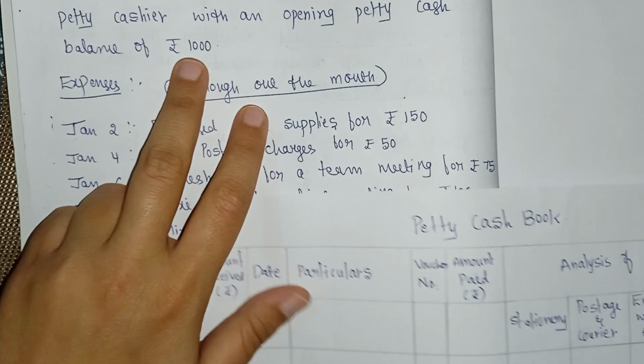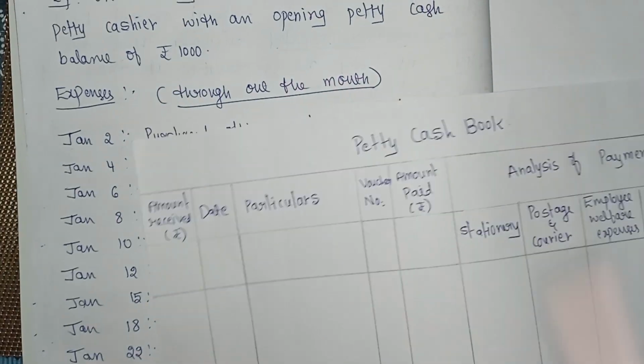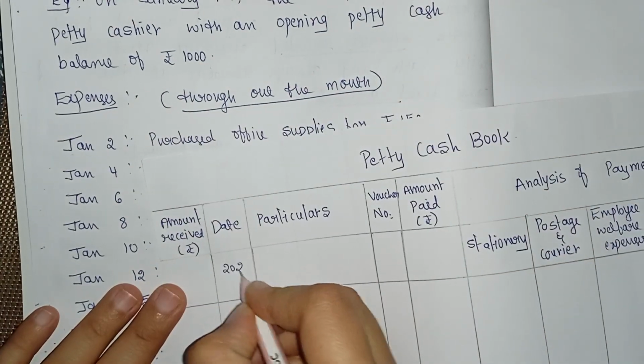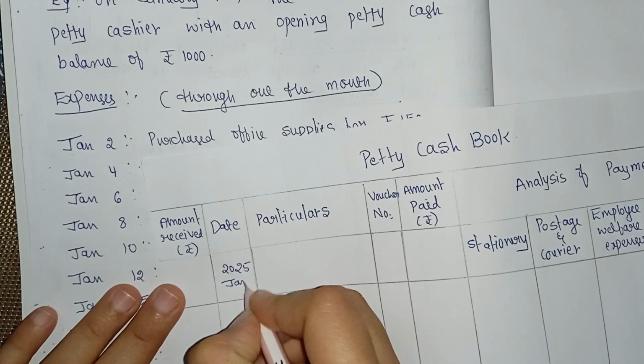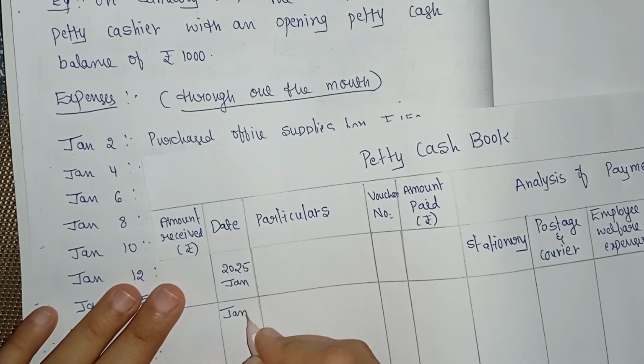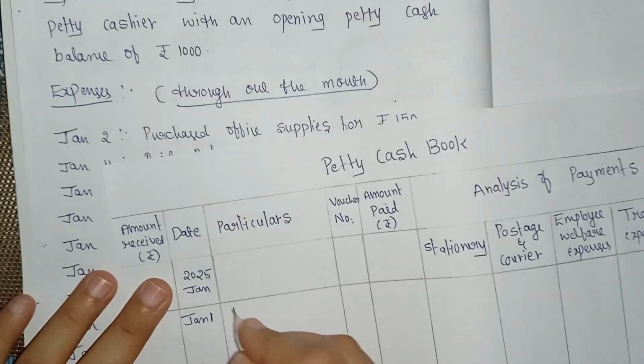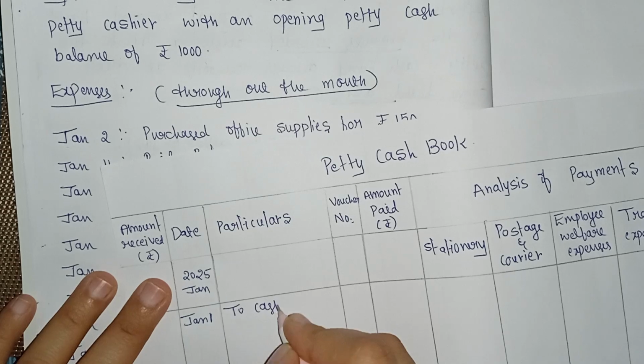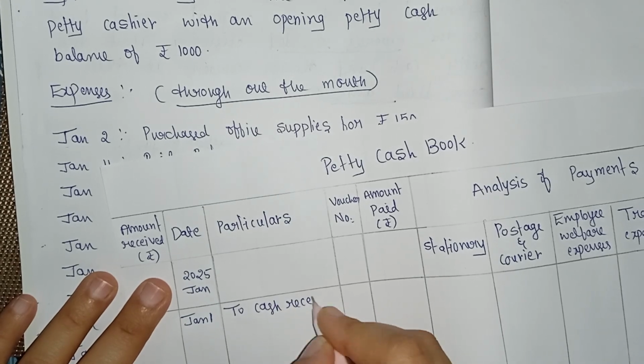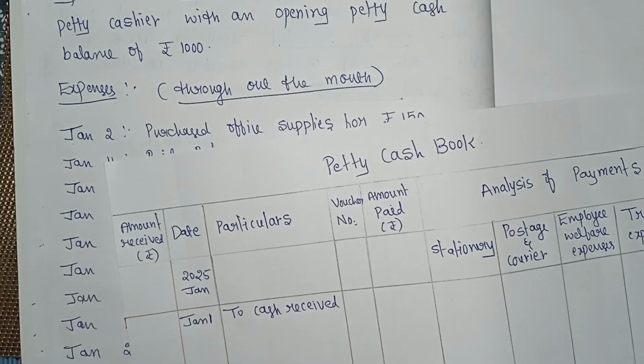First one, amount received by the petty cashier, that is rupees 1000. Write down the date first, 2025 Jan. On Jan 1st, here we have to write 'To cash received'. Why 'To'? Because we are receiving the cash.